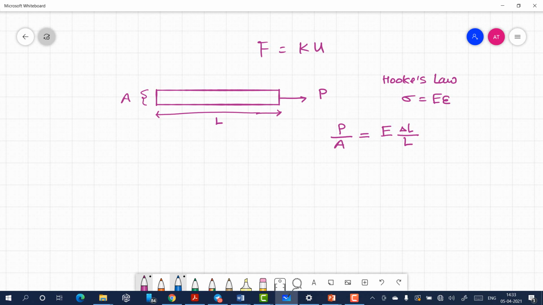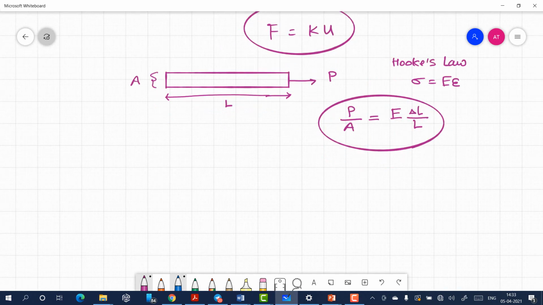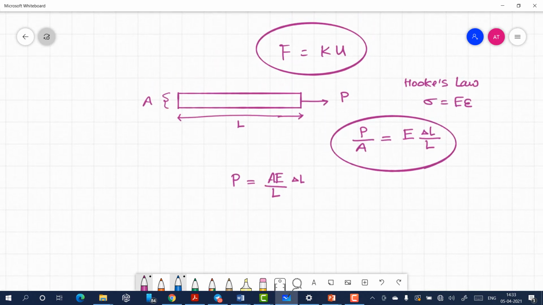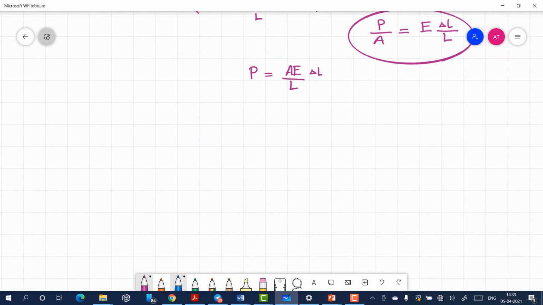So having said that, now we have to look at this equation with the perspective of this. So P, the force, if I have to write that, then that will be equal to A into E divided by L into whatever extension happens, which is delta L. And in our nomenclature, I can simply write it as F is equal to AE by L into U. So you see the similarity, and then you know that this is the stiffness.